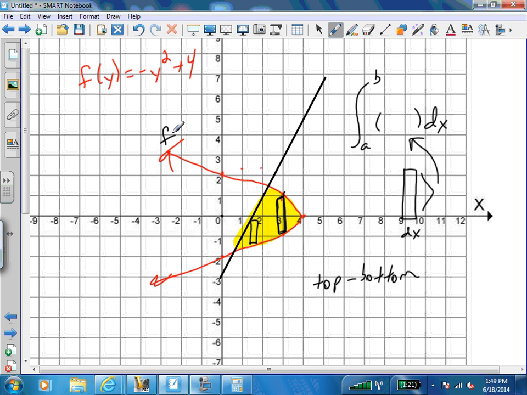Well, if I call this f and this g, which is on top right here? That's f. Well, what function do I have here? Isn't that the same function? We can't have both ends of our rectangle touching the same function. That's a little bit of a problem.